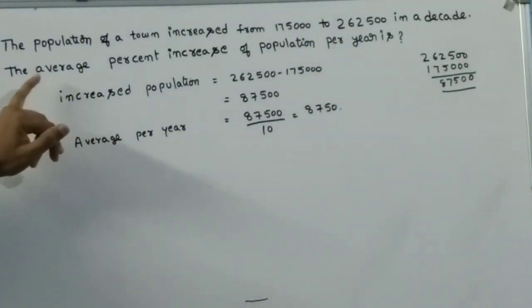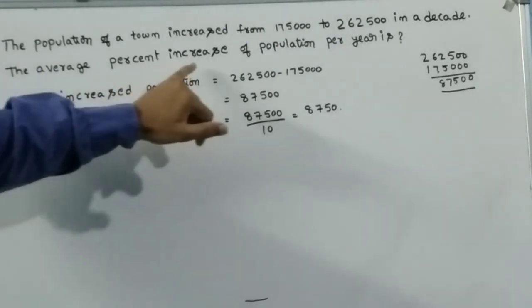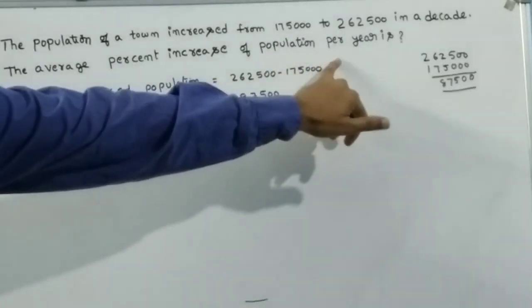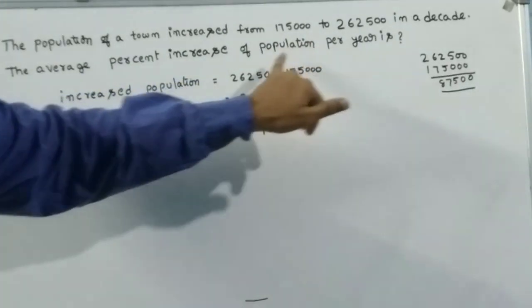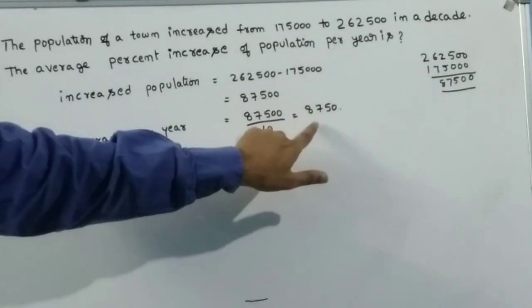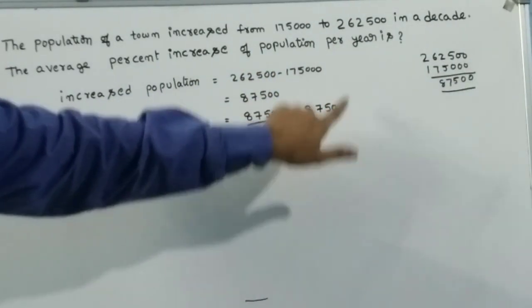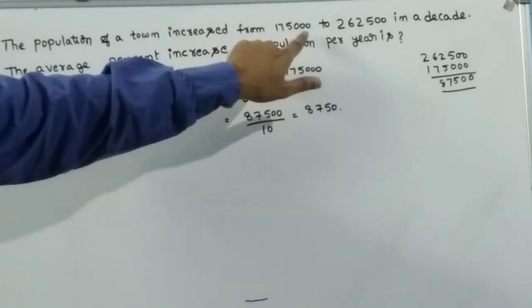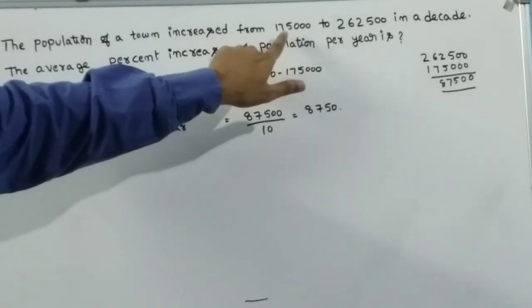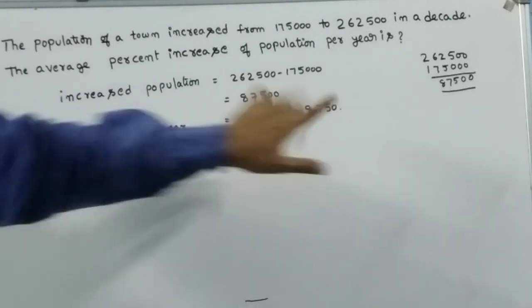What has he asked? The average percent increase of the population per year. See friends, per year how much population increased? 8,750. From 1,75,000, every year 8,750 increased.